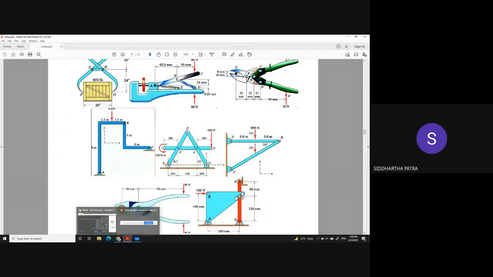Okay, so today we'll look into more problems on frames. Now, let's look at this problem in the middle.